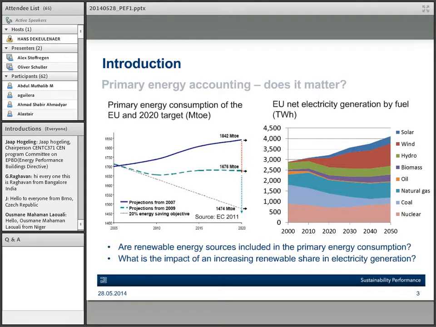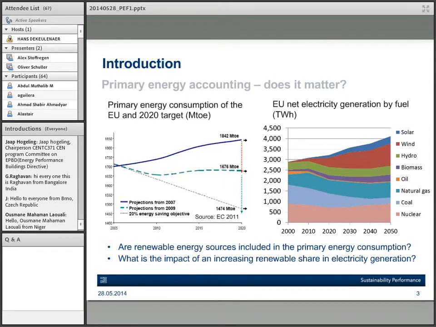if you think about this left figure here, it's the projected energy consumption of the European Union, which was done in 2007, and later on we formulated a kind of energy efficiency directive where a 20% saving target was formulated, and you can see how the energy consumption should be reduced in the following years, which is this dotted gray line.